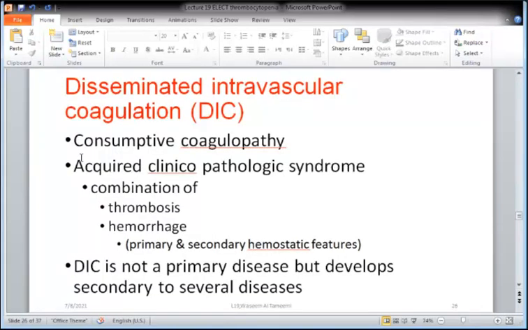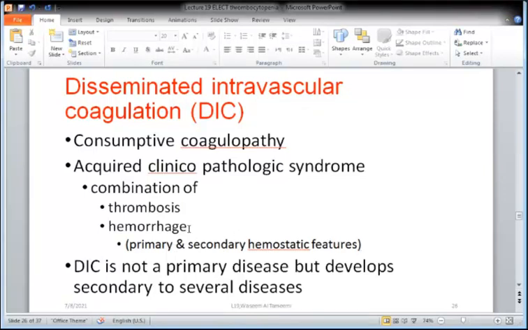DIC. DIC is a consumptive coagulopathy. It's an acquired clinical pathological syndrome. From its name, disseminated intravascular coagulation, it is a combination of thrombosis plus hemorrhage. And the hemorrhage is due to both thrombocytopenia, that's the primary bleeding, and coagulation factor consumption, which causes secondary hemostatic bleeding.